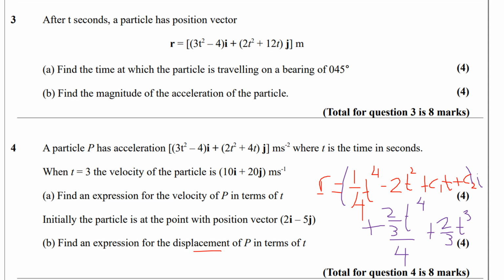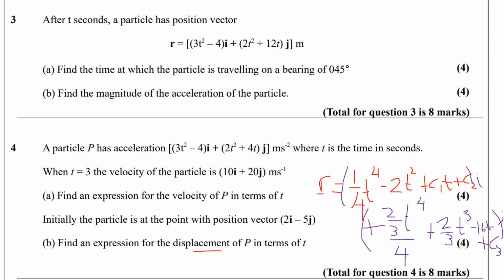Then we're integrating minus 16, which goes to minus 16t, and not forgetting plus c3j. Our job is to compare coefficients and solve for c2 and c3.